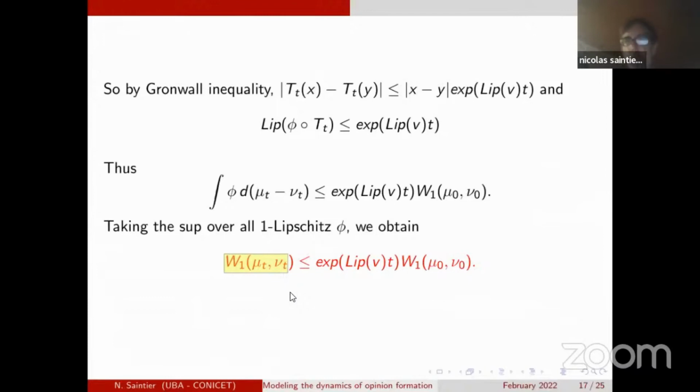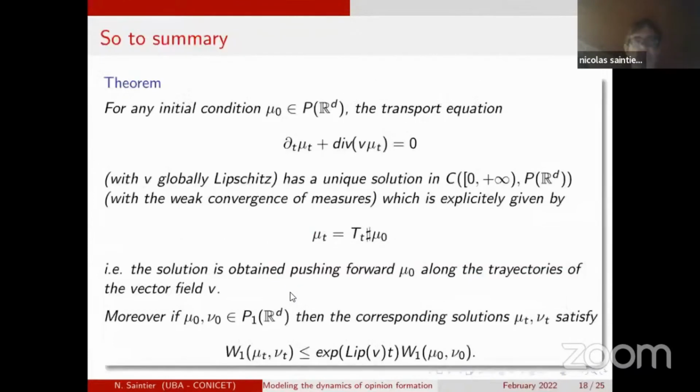Essentially, we are good. So if we summarize everything, what do we have? We have a complete well-posedness result for this kind of transport equation, starting from any initial condition, which could be any probability measure. We have existence and uniqueness in this class of functions.